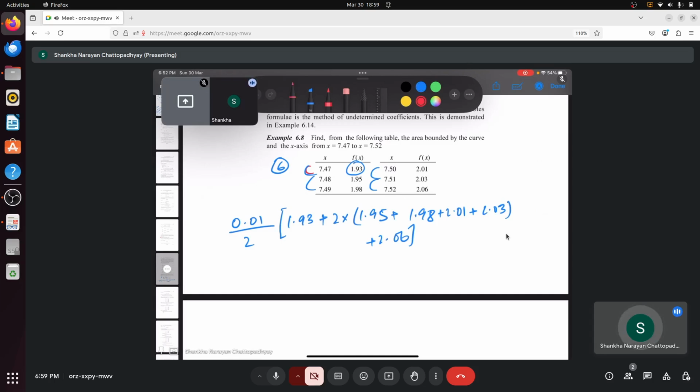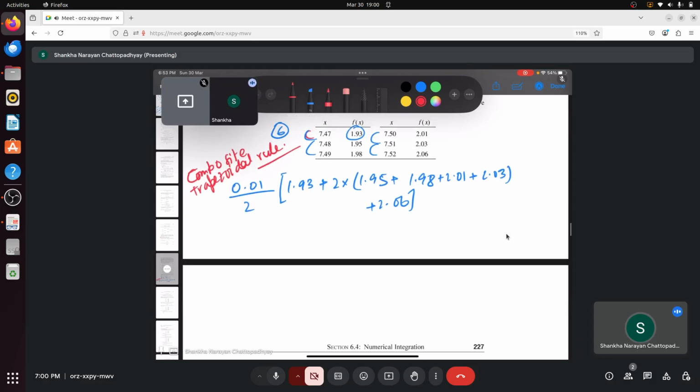Similarly, next you have to apply the composite Simpson's rule. Simpson's rule is also like that.